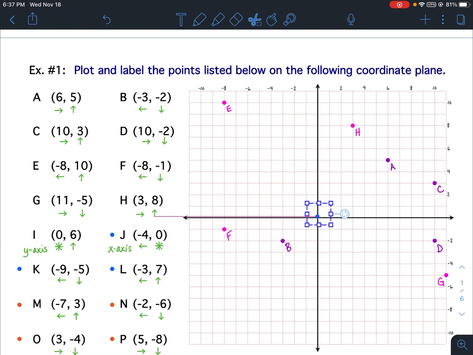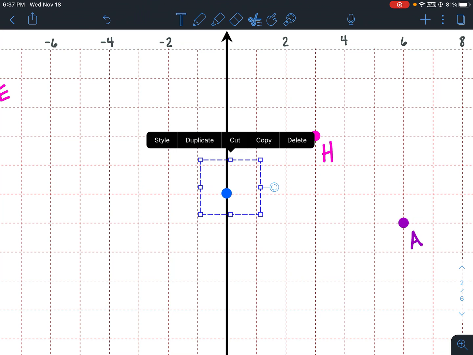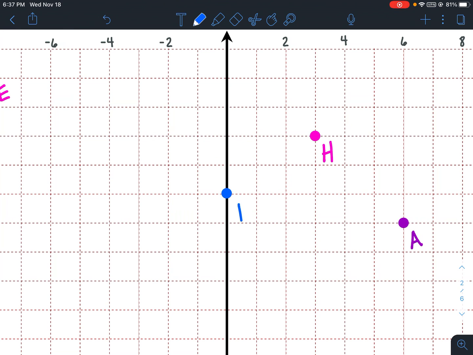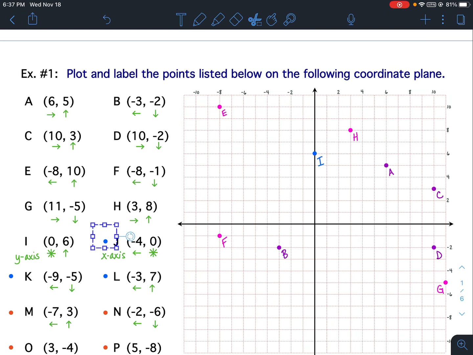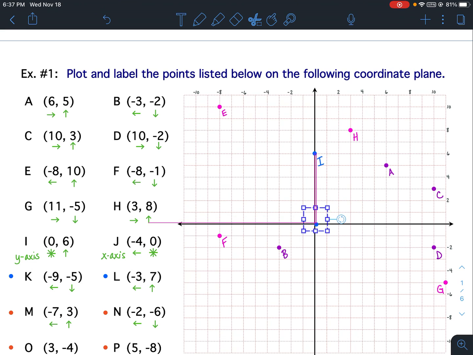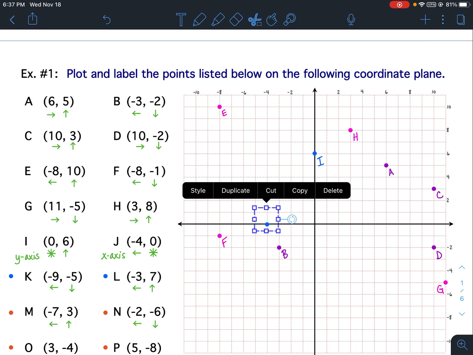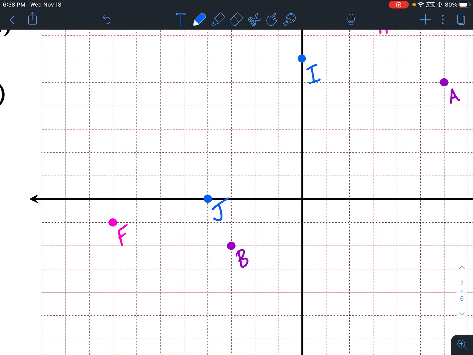Because it's 0 for the x-coordinate, I don't move left or right. All I do is move up 6. 1, 2, 3, 4, 5, 6. That is I. J is on the x-axis because we move to the left 4. 1, 2, 3, 4. But we don't move up or down. So that's J.